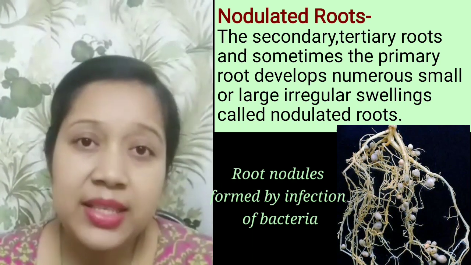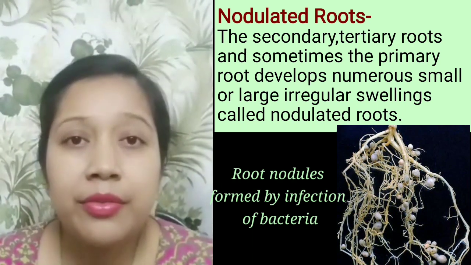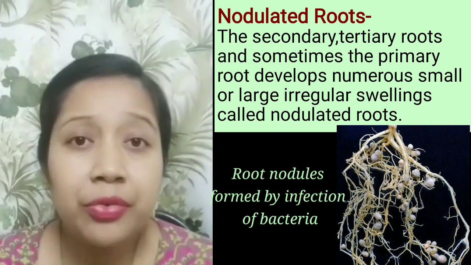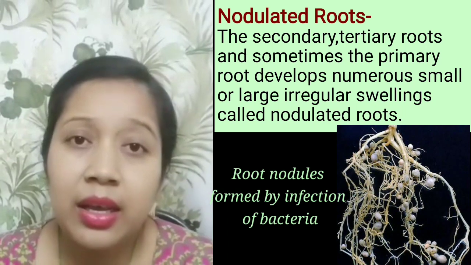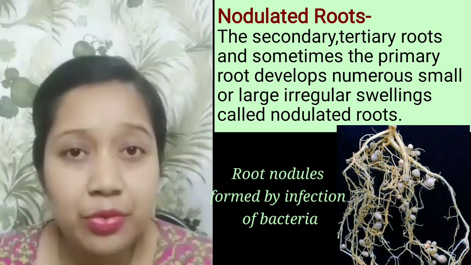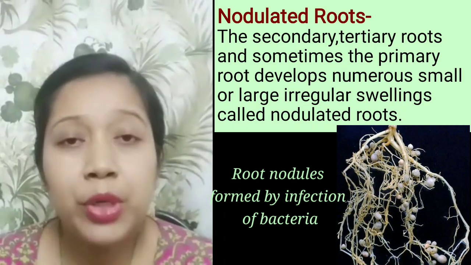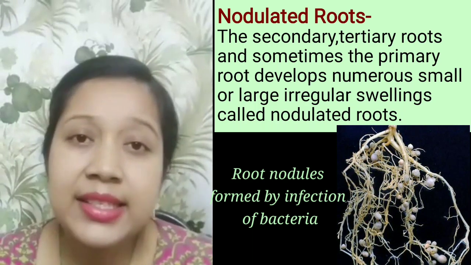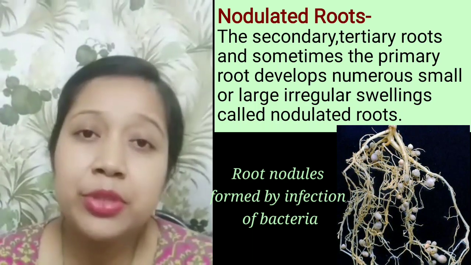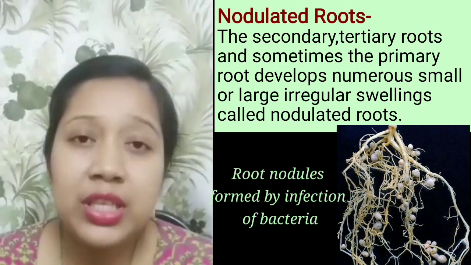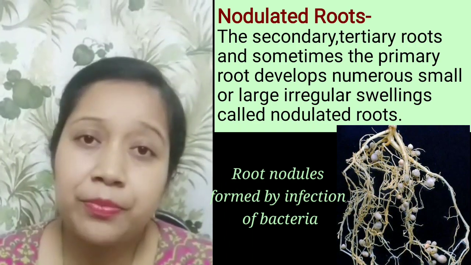These leguminous plants are very helpful for the fixation of nitrogen. And these plants can fix nitrogen in huge amounts because of an interaction. This interaction takes place between a bacteria and the roots of the leguminous plant.